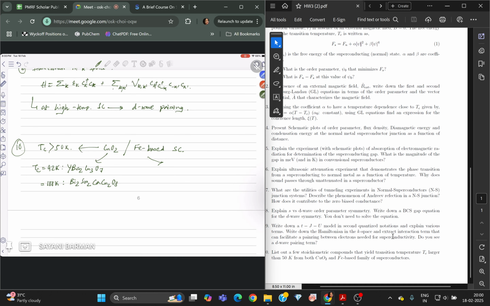For iron-based superconductors, of course BaFe2As2 doped with potassium has the highest one.